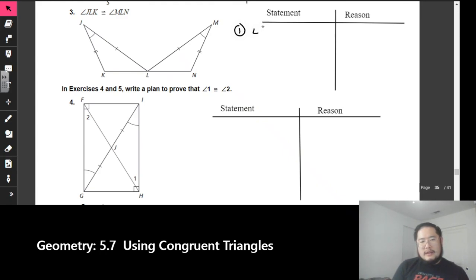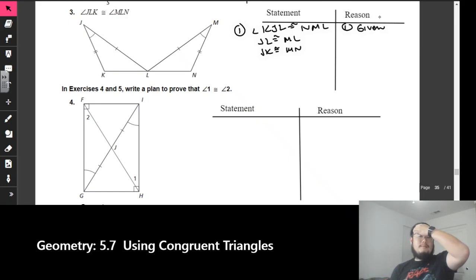I've got angle KJL is congruent to angle NML. All right, so what else do they have given? We have JL is congruent to ML, and they also tell us that JK is congruent to MN. So all of that is given.